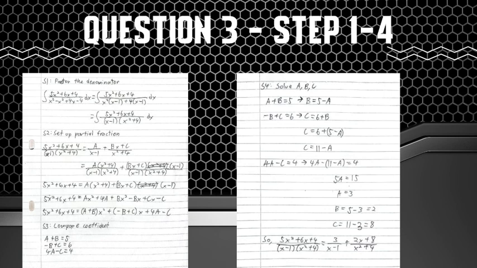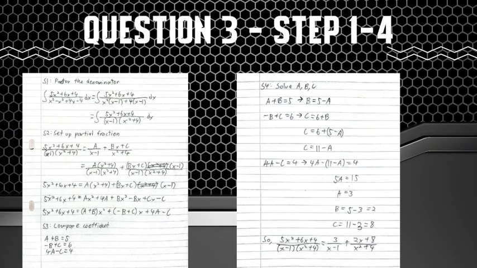After multiplying both sides by the denominator and expanding it, we obtain quadratic expressions on both sides. By comparing the coefficients of corresponding powers of x, we can form 3 equations: a plus b equals 5, negative b plus c equals 6, and 4a minus c equals 4.